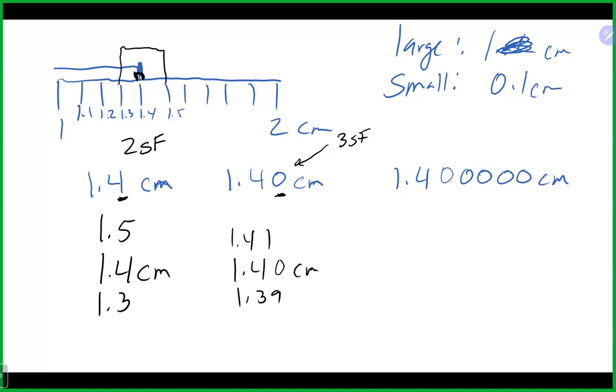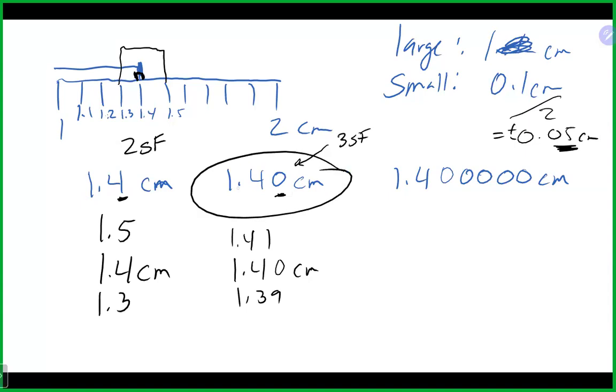And you're able to do that based on the scaling that you have on this equipment. Because as we know, if we take this guy and divide it by 2, 0.05 centimeters plus or minus, that is 2 decimal places. That is actually how you should record this. Because if you did what we did here on the left and you lopped off a significant figure, I just made that measurement pretty crappy, right?